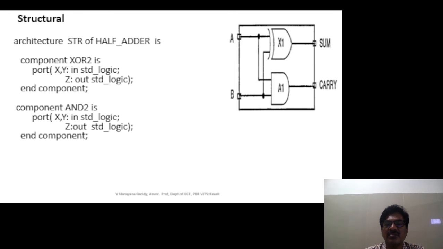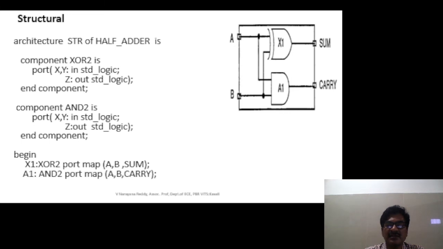Then begin, and after begin, the instantiation statements. The number of instantiation statements equals the number of components. Here we have two components, an XOR and an AND, so two instantiation statements.